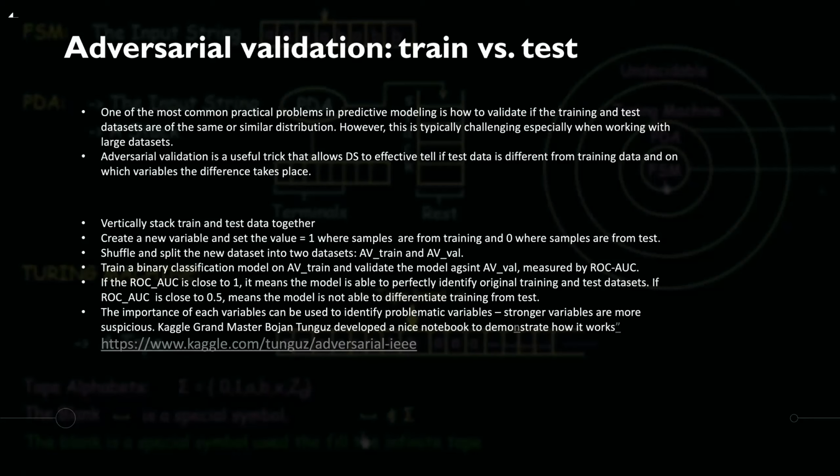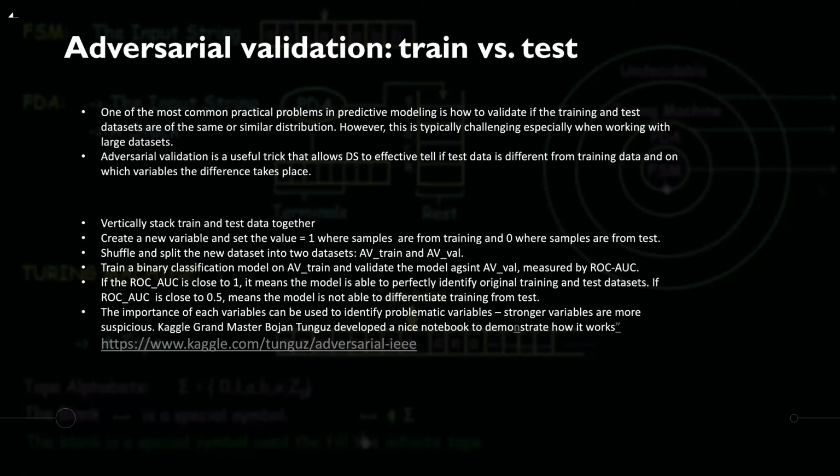Then we shuffle the data and split it the way we typically do train-test splitting. Therefore, we end up with a new pair of data sets: we call one AV train, and the other AV validation.